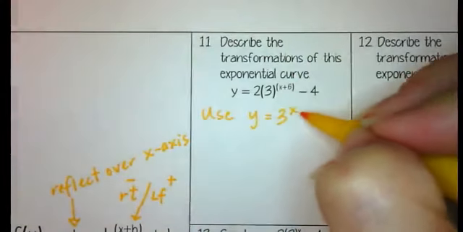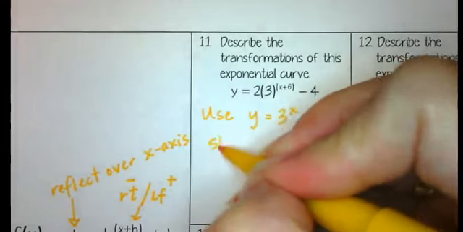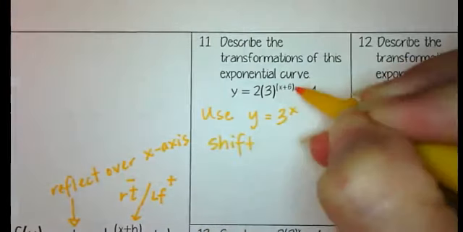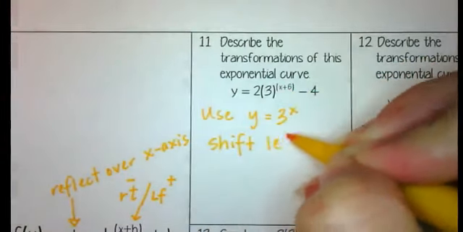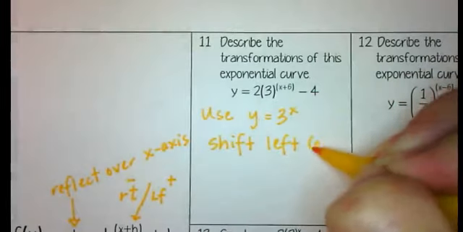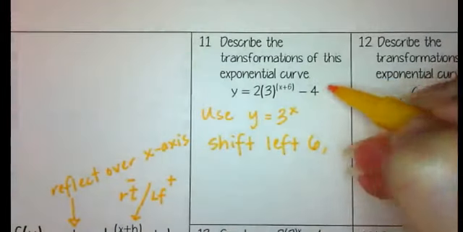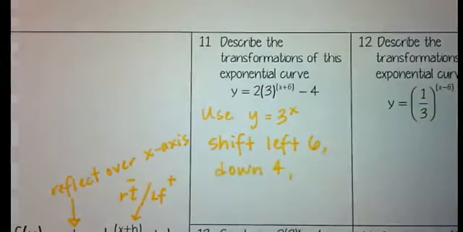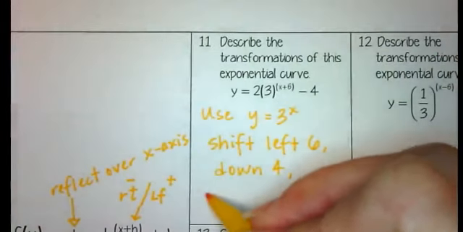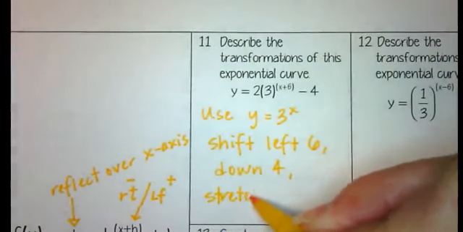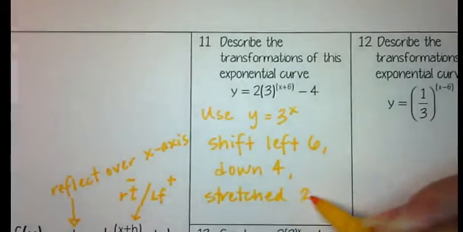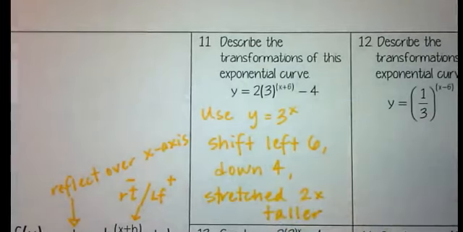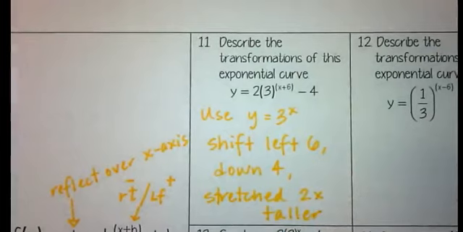Okay, then we are going to shift this graph left 6. So that right there tells me to go left 6. That tells me to go down 4. And then this 2 out in front is the A, so that tells me that it's going to be stretched 2 times taller. So it's going to be a taller, steeper curve.